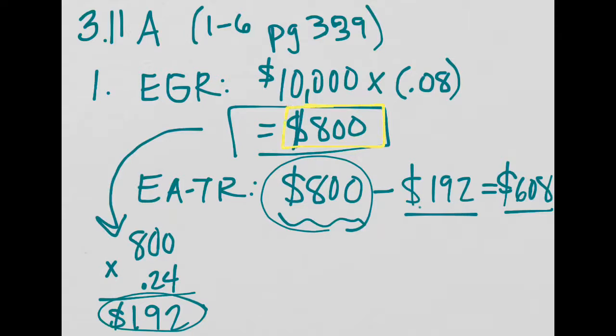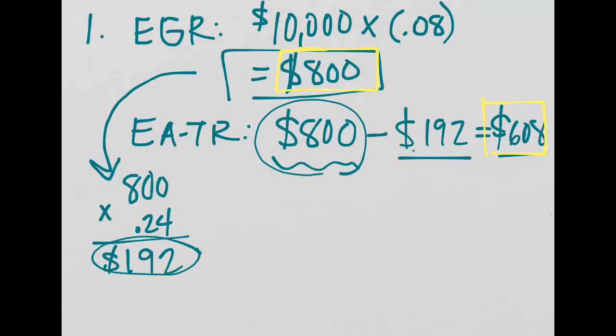So here's the first part for number 1, and here's the second part for number 1. Okay, and we still have one more. We still need the expected real return. Our expected real return has a couple different steps that we need to do here. So the first thing I need to look at is the last piece of information I haven't used yet, and that's the inflation rate.